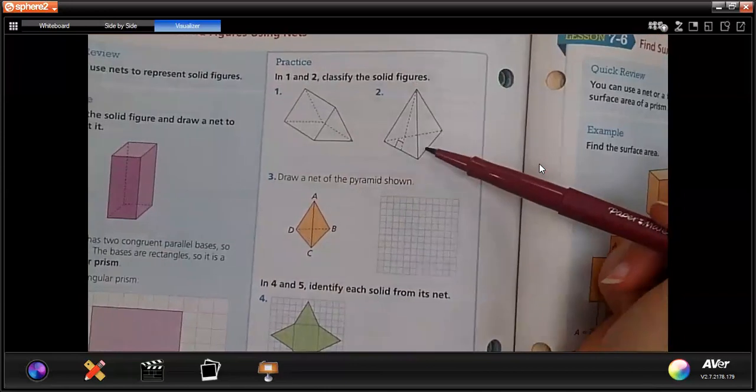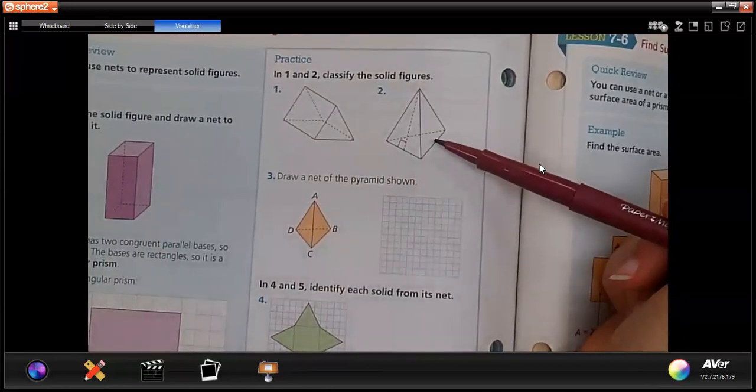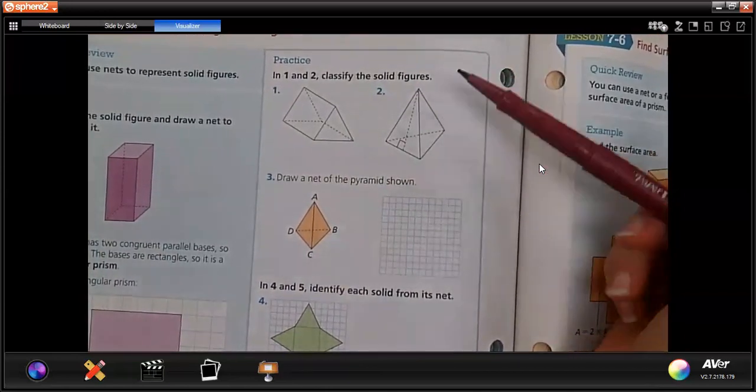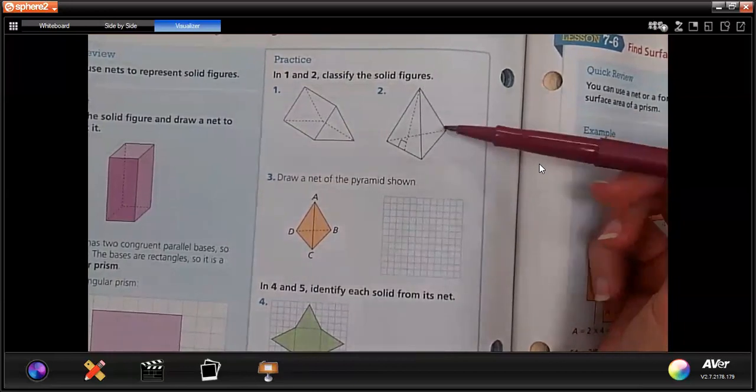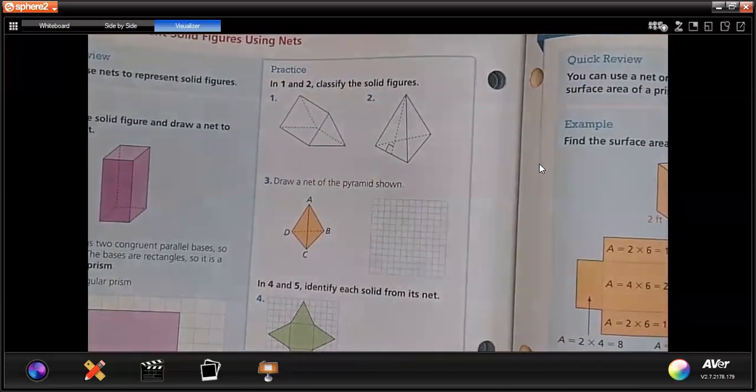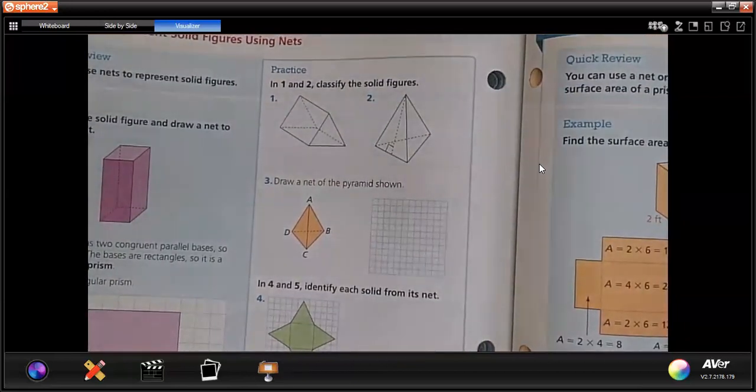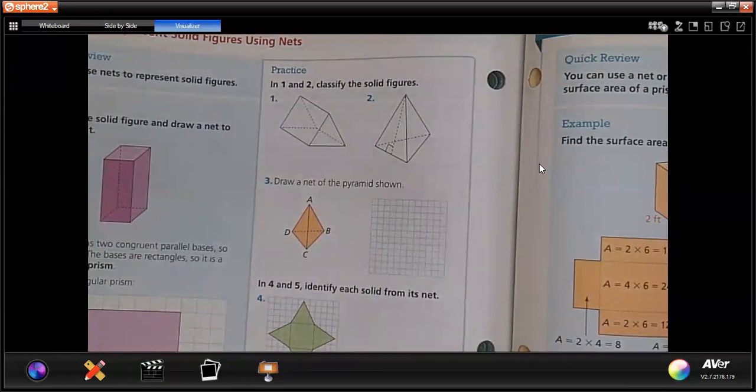Again, you've got the triangle base, but instead of having another triangular base, you've got them coming together at a point. Those edges are coming together at a vertex, and you've got triangular sides instead of the rectangular sides. Okay. So drawing a net of this pyramid.